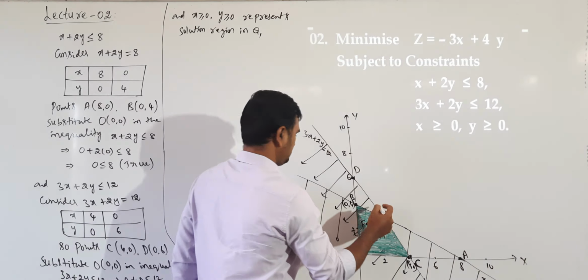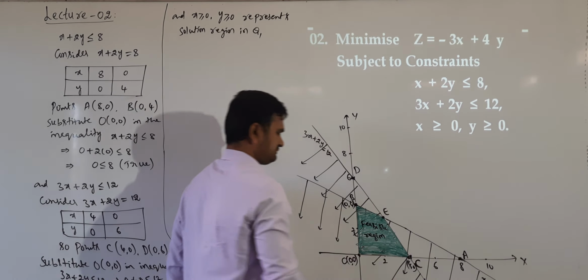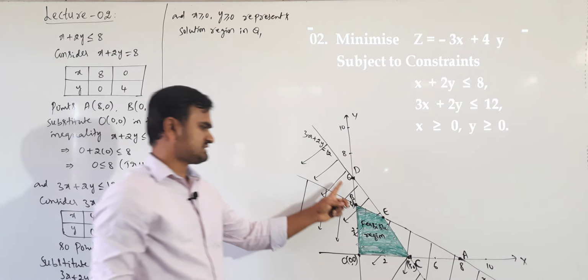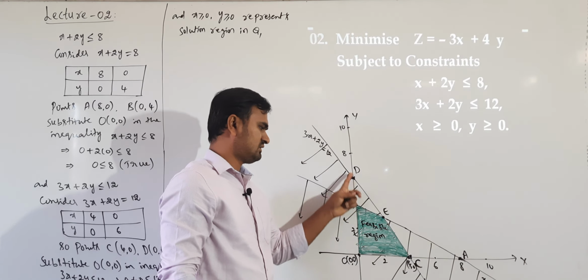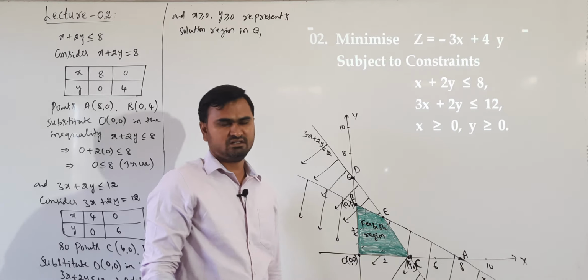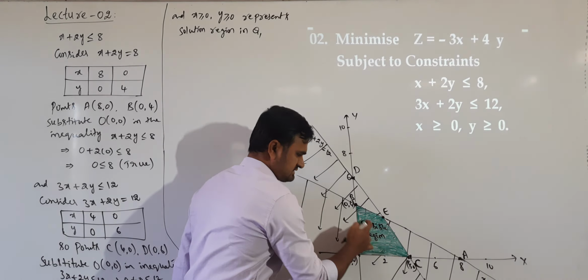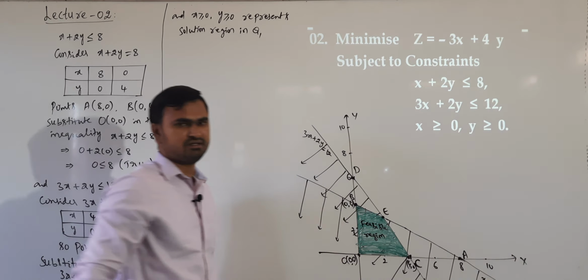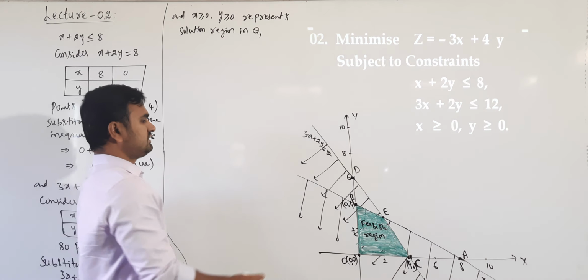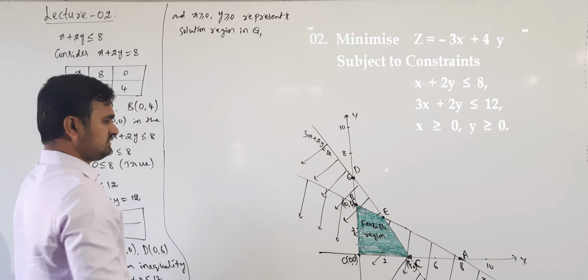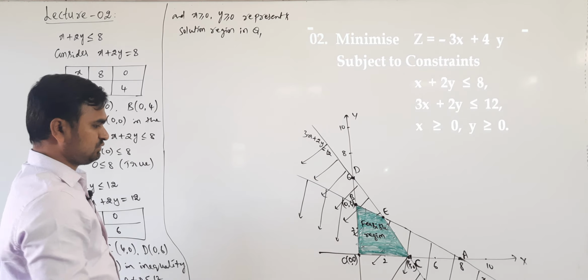Suppose this is a point E. Now E is nothing but the intersection of these two lines. So by solving the two lines we can get E, or in the graph sheet, just by inspection, from the value on the x axis and the value on the y axis, you can find E.